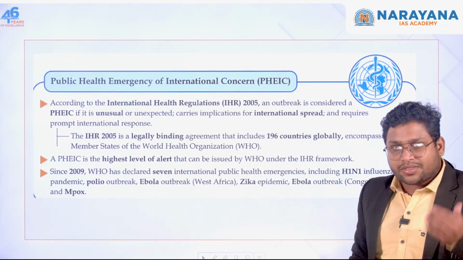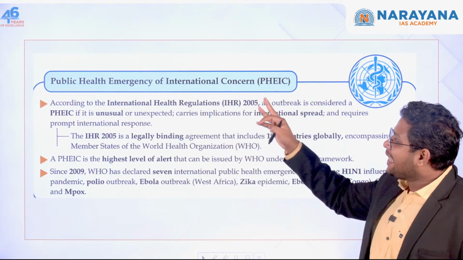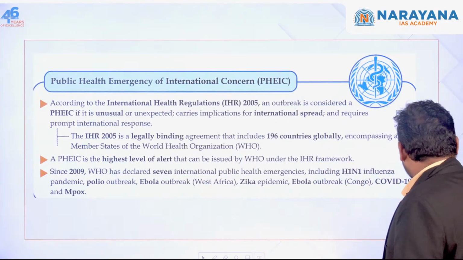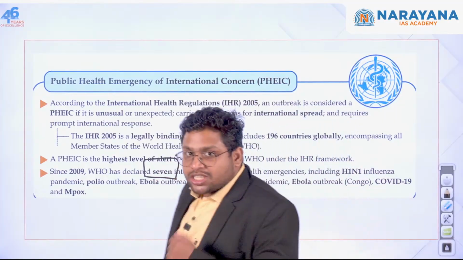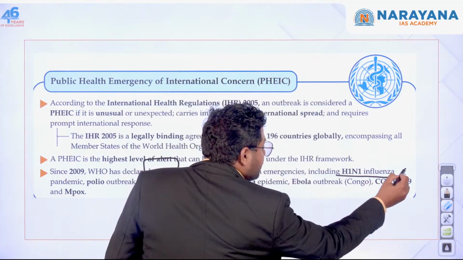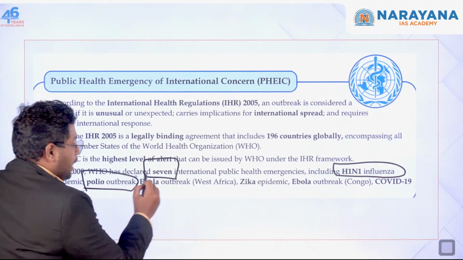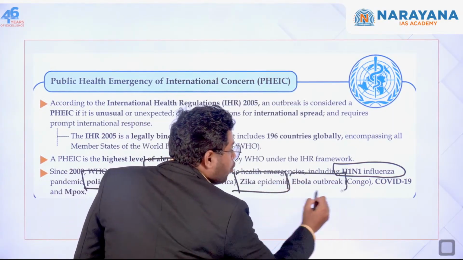Now, the diseases which have got this red flag, the public health emergency of international concern tag: since 2009, only 7 such diseases have got it. Which ones? H1N1 influenza, then polio outbreak, Ebola outbreak, Zika pandemic, Ebola outbreak again.